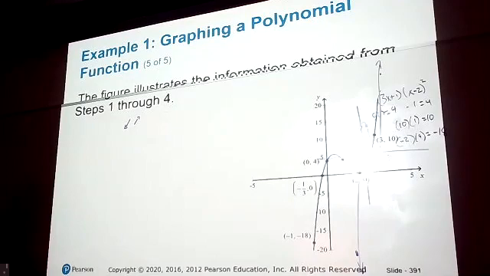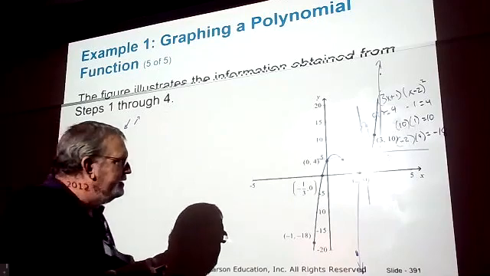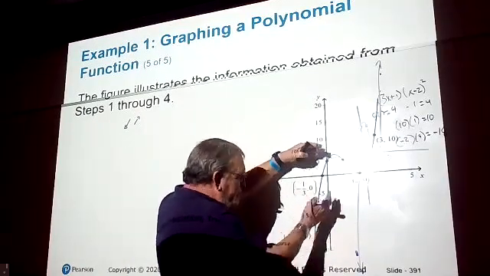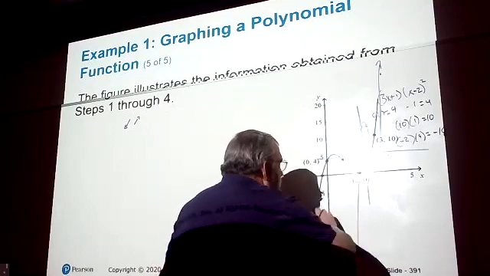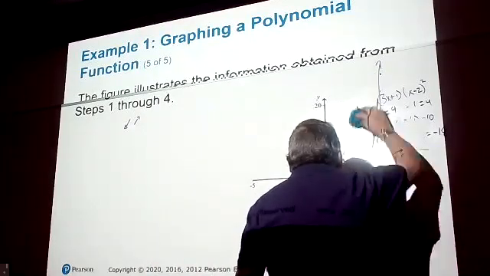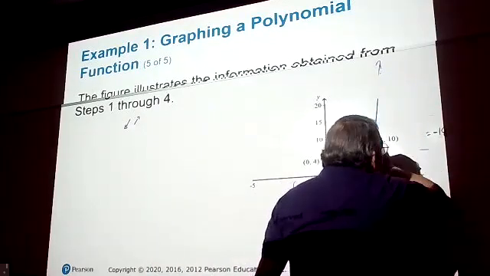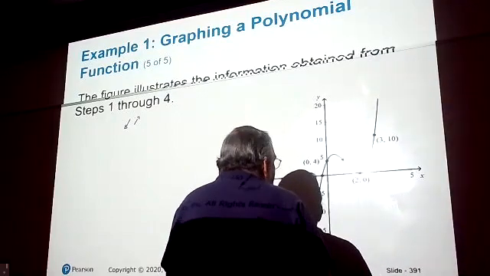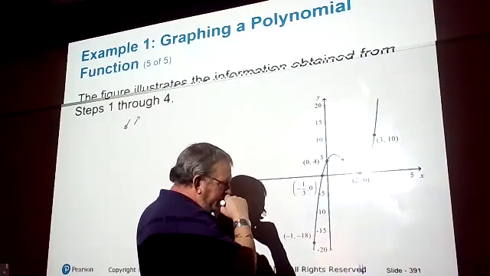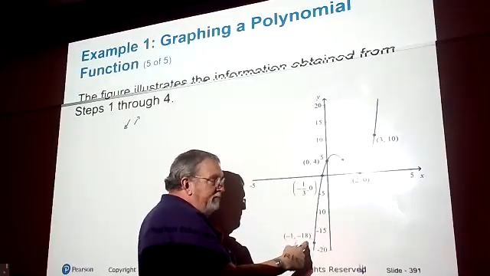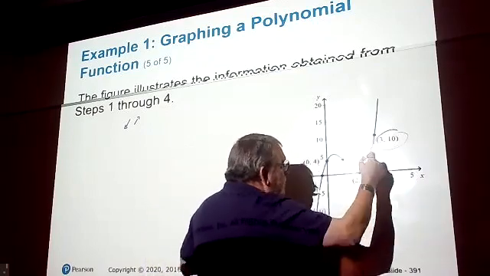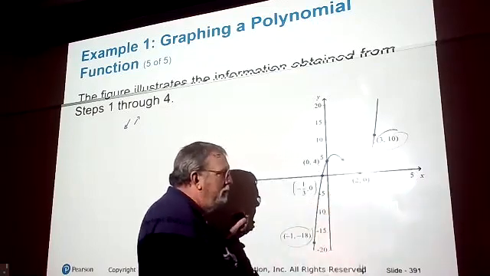Their scale is way different than mine, so that's why it looks way different. Their y is kind of compressed down, where I did not have such a compressed y scale. And so I found -1, -18, and 3, 10, and 1, 4.